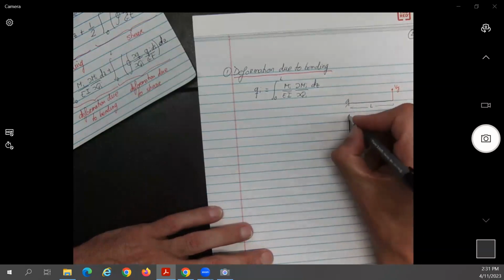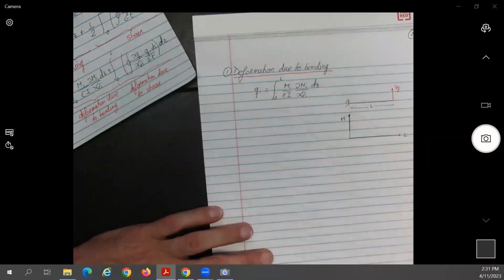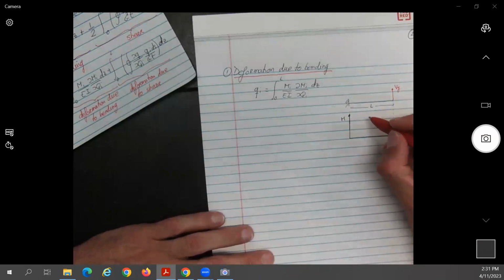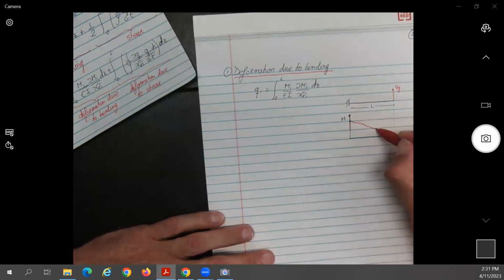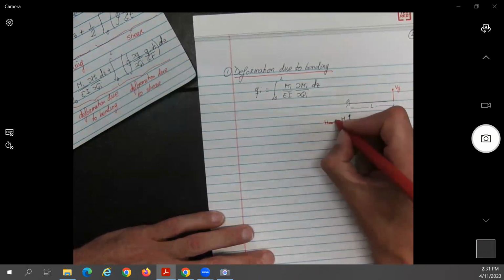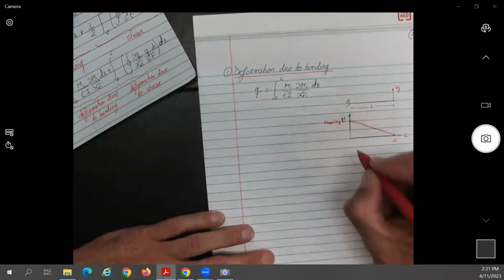What is the shape of the bending moment? What is the moment at the tip? What should be the moment at the end? Zero. And what should it be at the root where this is applied? Correct. So it will be basically a straight line where here is 0 and here the M max is Vy times L, no?